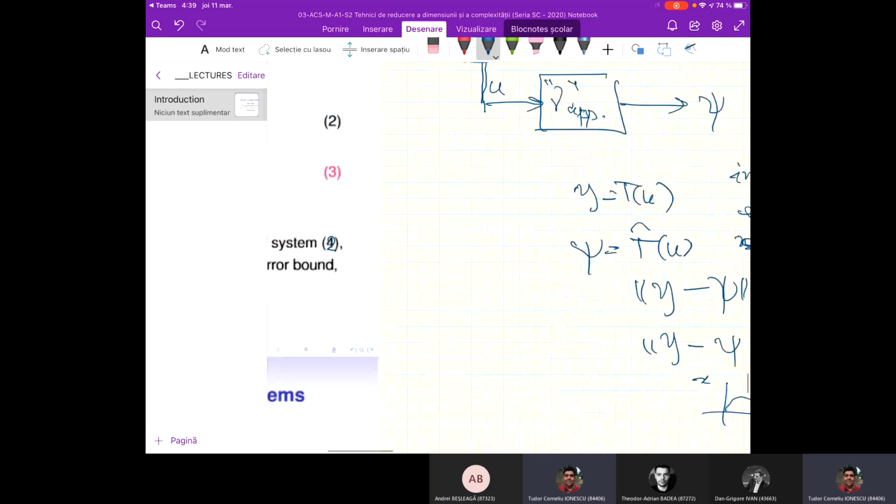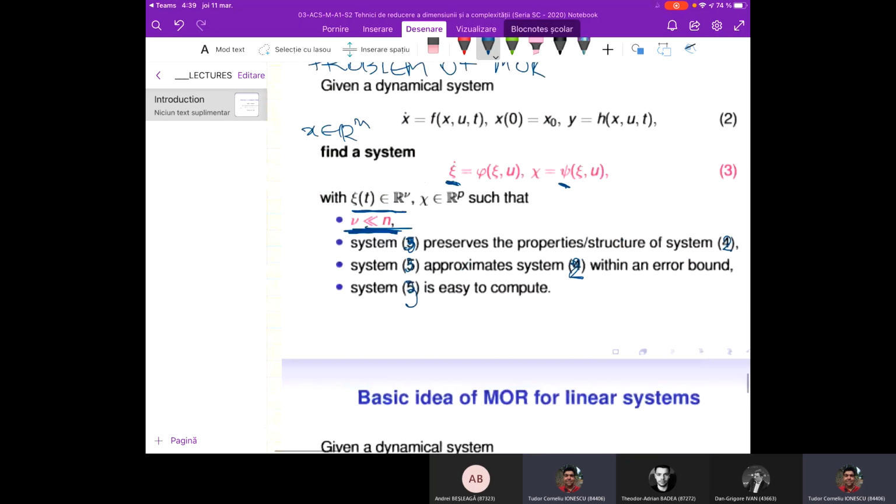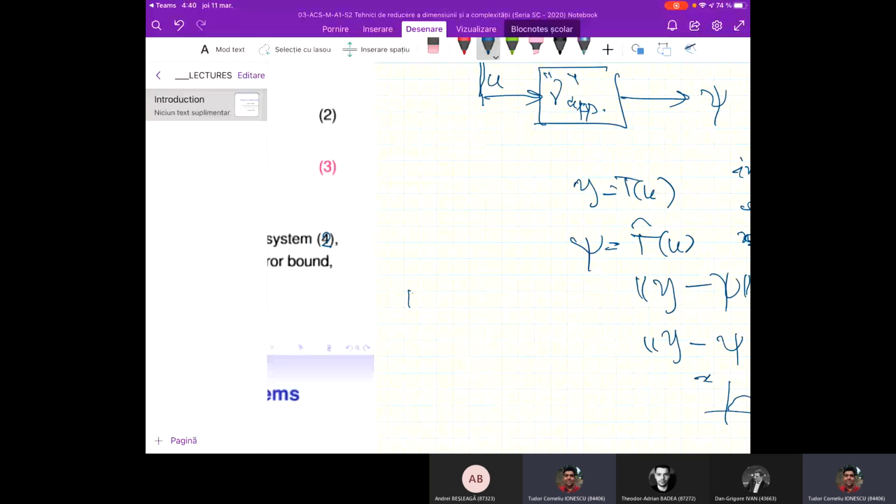Right. So if you remember, I can write this as well. The infinity norm is max. It's not max, it's supremum, if you remember from mathematics. Supremum over t of this guy. This is the infinity norm, okay?